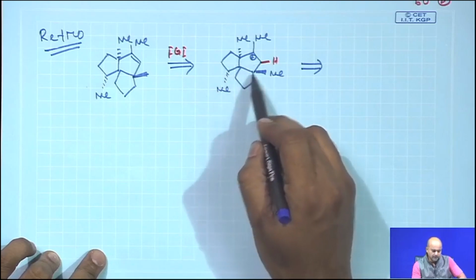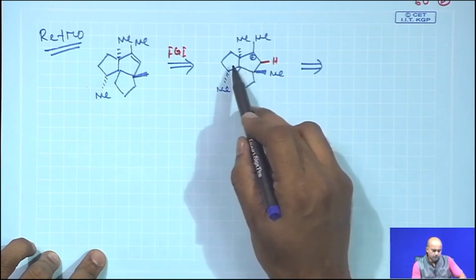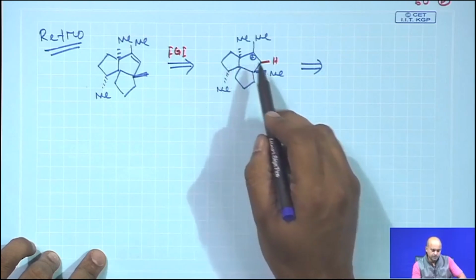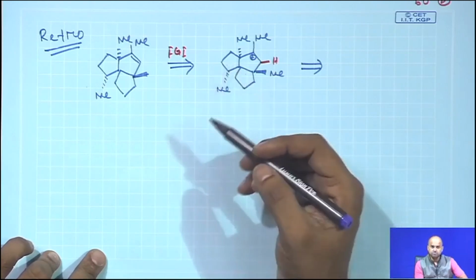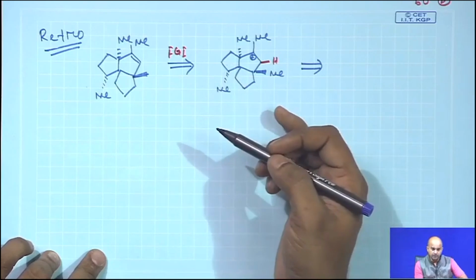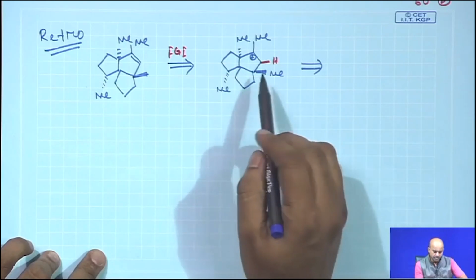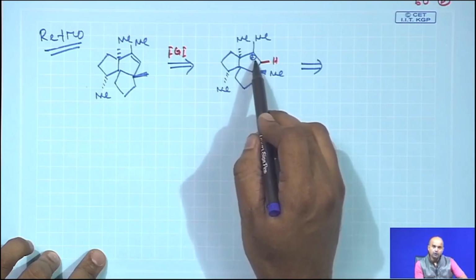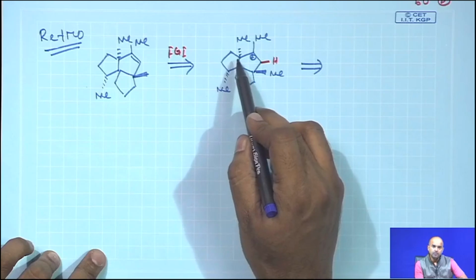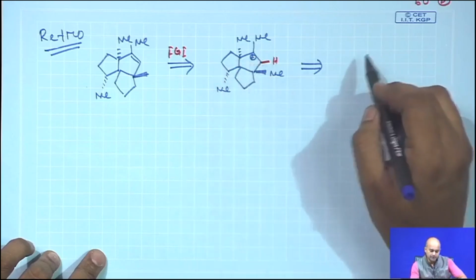ring array probably seems to be a somewhat complicated structure. Normally 5-membered ring-containing starting materials are easily available, but as we have generated a tertiary carbocation, we are wondering if this kind of carbocation can also be generated by some rearrangement or some migration.